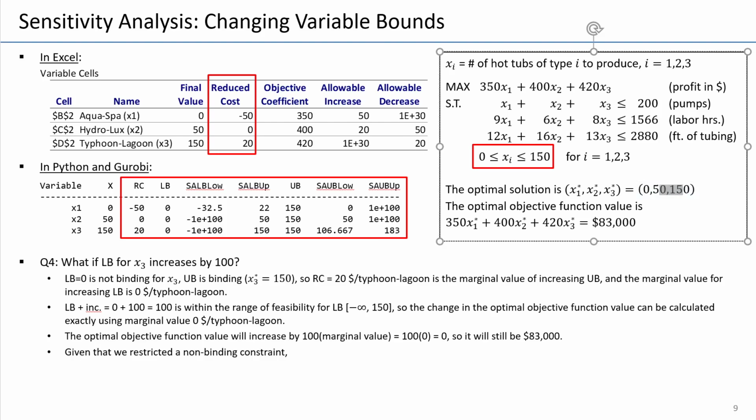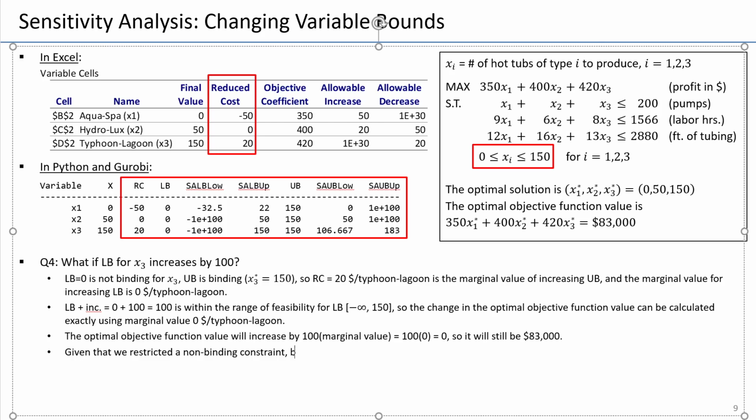This solution is still feasible. We want the third variable to be at least 100, but it is 150. So we can say the old optimal solution is still feasible, so it will still be optimal.